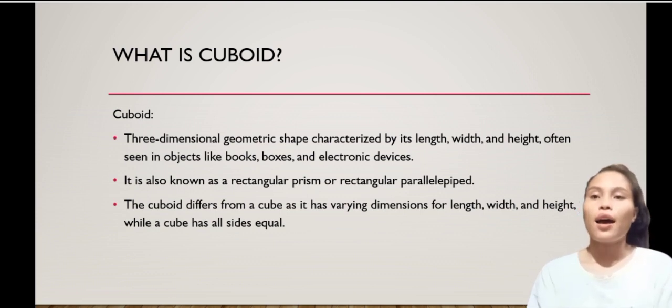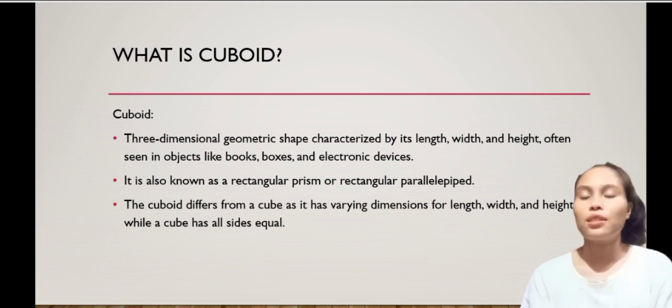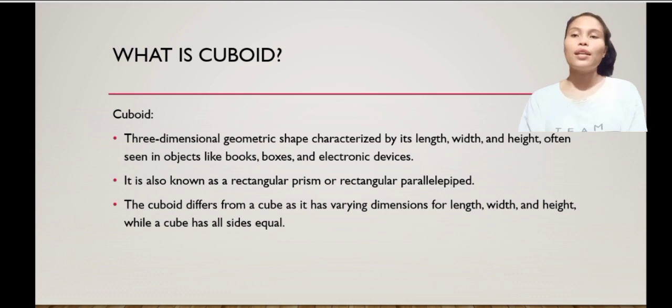A cuboid is a three-dimensional geometric shape characterized by its length, width, and height, often seen in objects like books, boxes, and electronic devices. It is also known as a rectangular prism or rectangular parallelepiped.